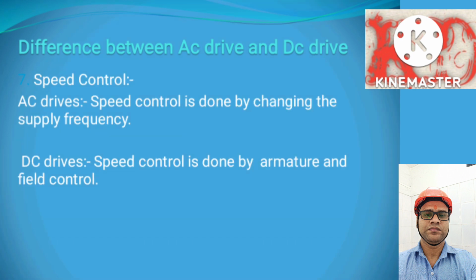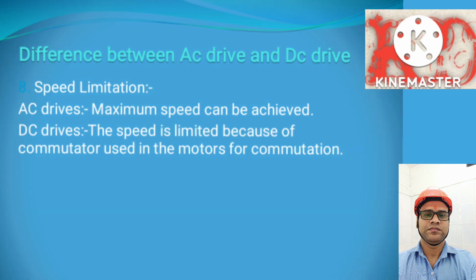Eighth, speed control. Speed control is done by changing the supply frequency in AC drives, and in DC drives speed control is done by armature and field control. Ninth, speed limitation. In AC drives maximum speed can be achieved, but in DC drives the speed is limited because of the commutator used in the motors for commutation.